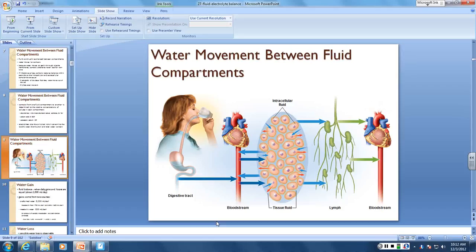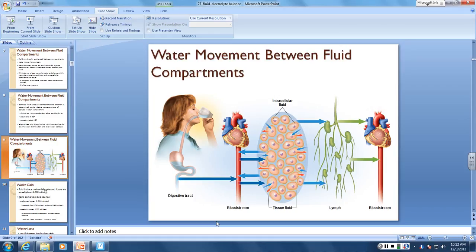But some of that water can move into the interstitial fluid, the tissue fluid. Now, what we're talking about here is what determines if that water is going to move into the tissues or if fluid from the tissues is going to go into the bloodstream.